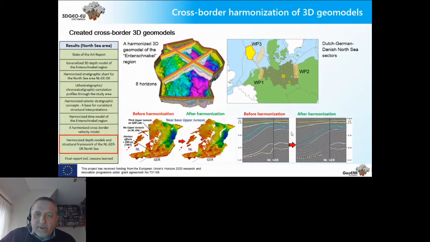And on the right, we have a seismic cross-section with interpreted layers in various colors, and the black line is the border area, and you can see clearly the border discontinuities from here to here, from here to here. And after our work, it is now fine. It's a clear improvement of the situation in this area.